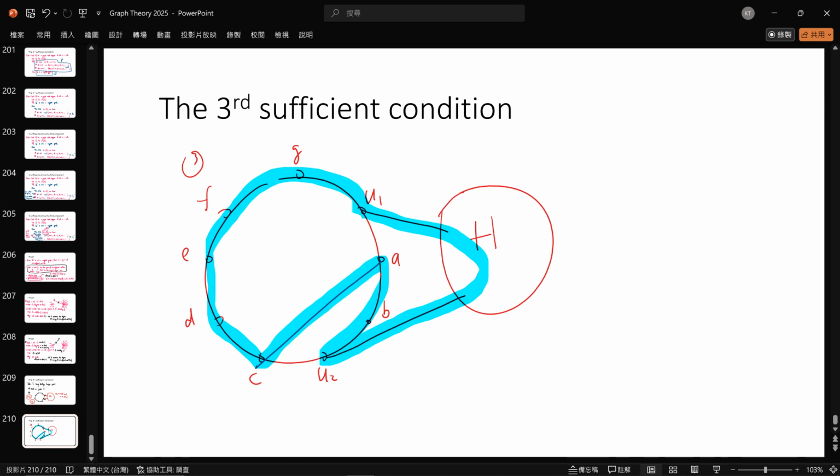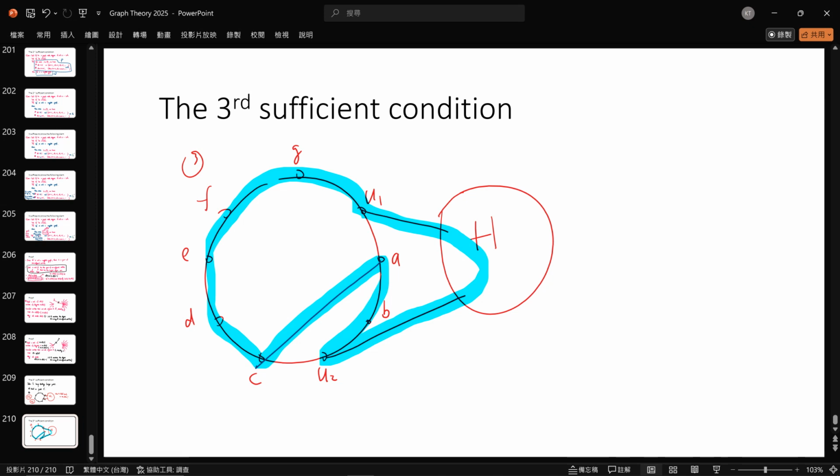So first we have to identify the property of this edge. What is so special about this edge? When you talk about crossing edges, there are 2 edges, but here we only have 1.